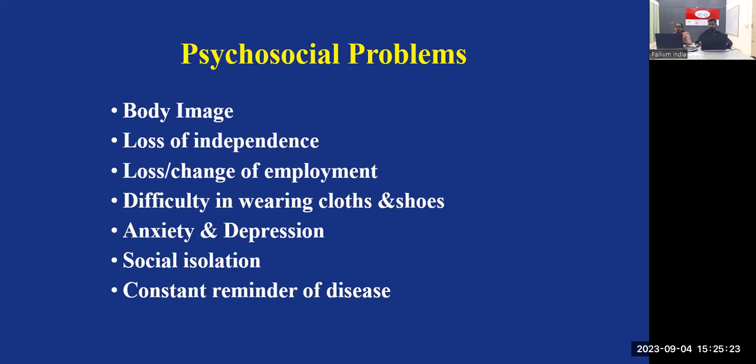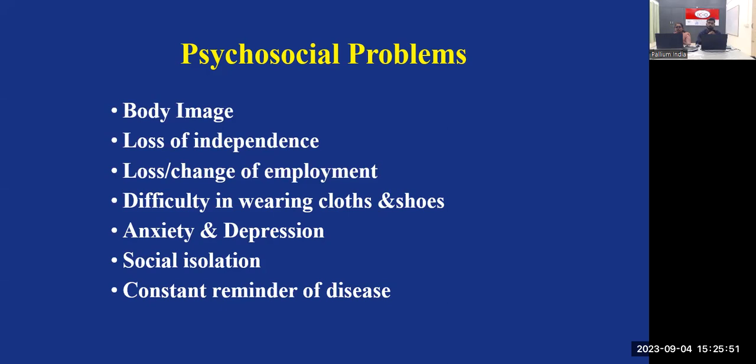Nobody wants to show their affected limbs to the public, because if they do, everyone will ask them what happened, and they have to keep answering that it is because of this edema. So they are affected emotionally, socially, and spiritually too.